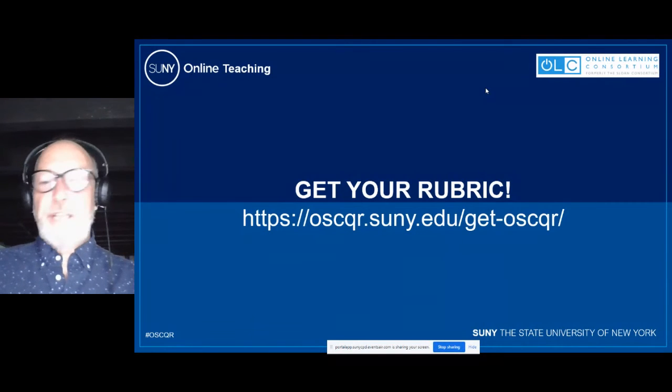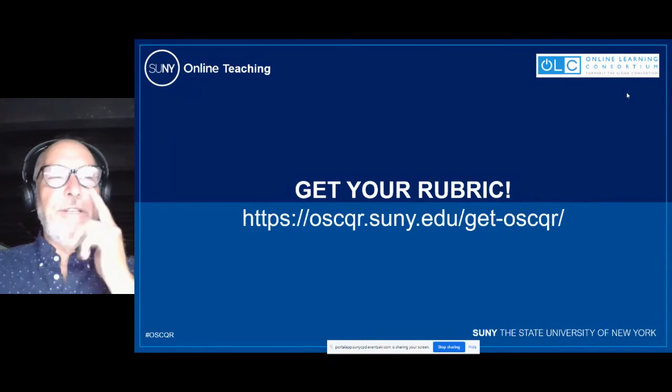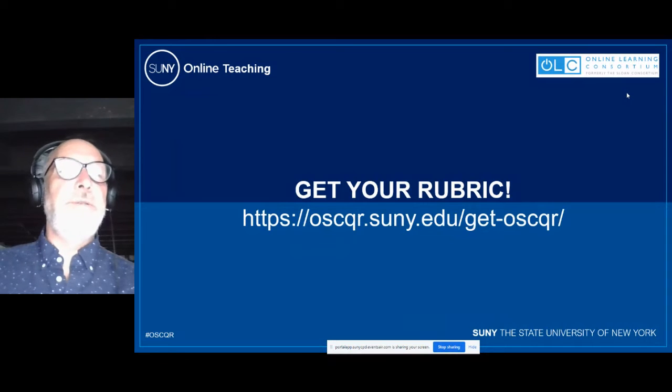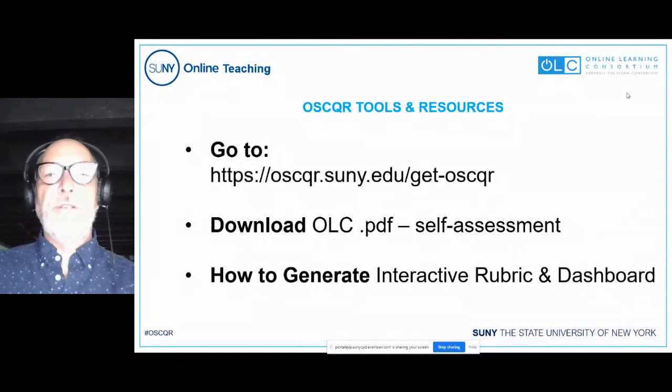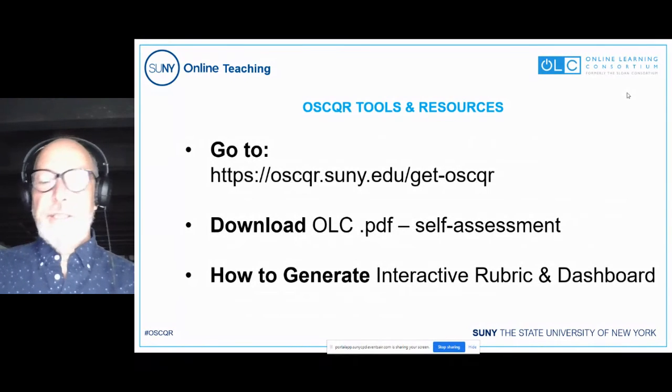Much of it is pretty clear in terms of our recent updates with regular and substantive interaction. And Alex has put in some great resources, not only in the chat here, but on this website, that will help you understand and get to a lot of the details around regular and substantive interaction.